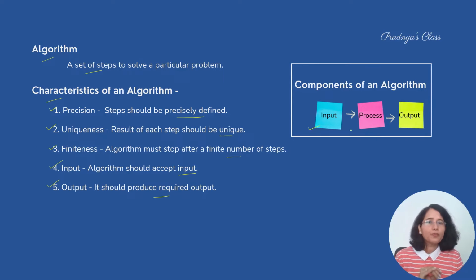Input, process, output are the main components of an algorithm. You know, a computer also works on this principle of IPO, that is input, process and output, and similarly an algorithm also works on this principle. So these are some of the components and characteristics of an algorithm. How to write an algorithm, that we will study in this video. So let's proceed with the next topic, that is flowchart.